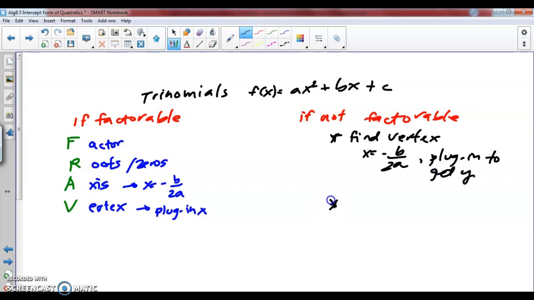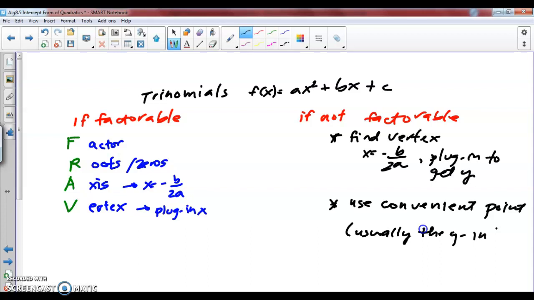And then once you have that, you have to use pretty much trial and error. You have to use a convenient point, which is usually the y-intercept. So when I say the y-intercept, you plug in 0 for x.